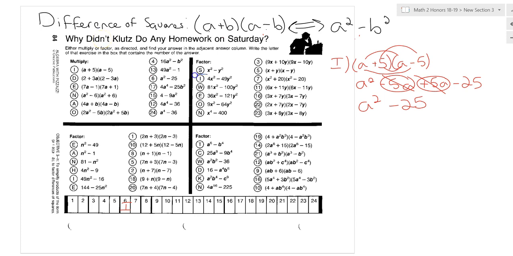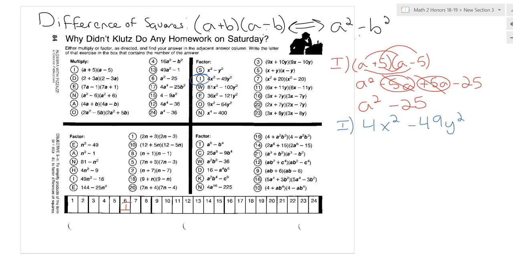All right, we're also going to look at this letter I: 4x squared minus 49y squared. Okay, so now we have to recognize that this is a difference of squares. On this activity, they're all difference of squares, so it's easy to recognize. But on later activities, it throws all the types of factoring that we're going to be doing at you, and so you'll have to recognize when you have a difference of squares.